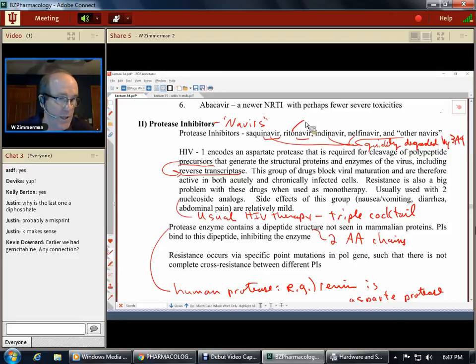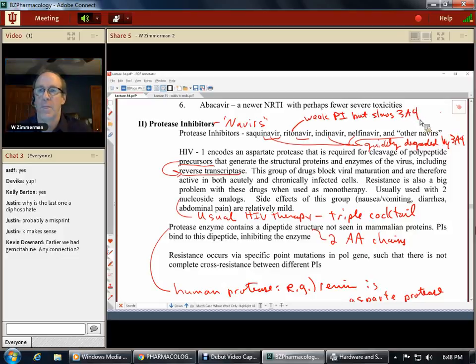Ritonavir is not a very good drug. It's not a very good protease inhibitor. So it's a weak protease inhibitor, but it slows 3A4, and therefore, it's added to other navirs.